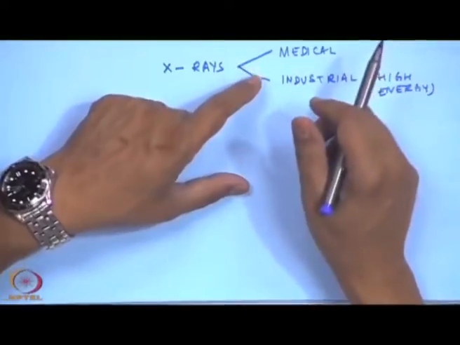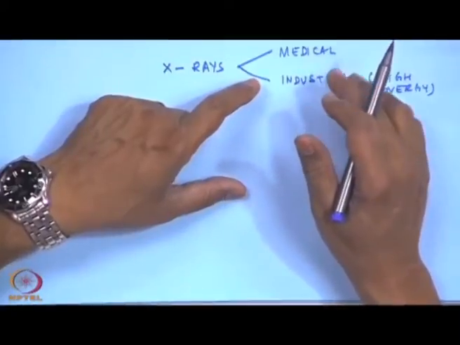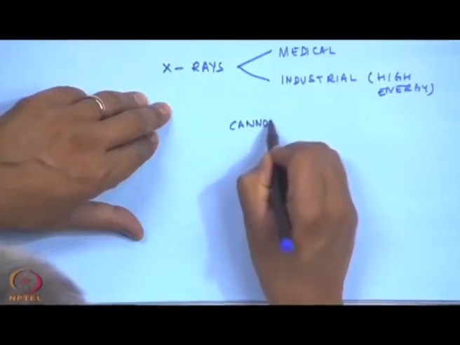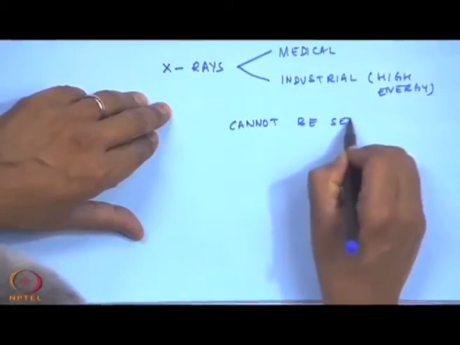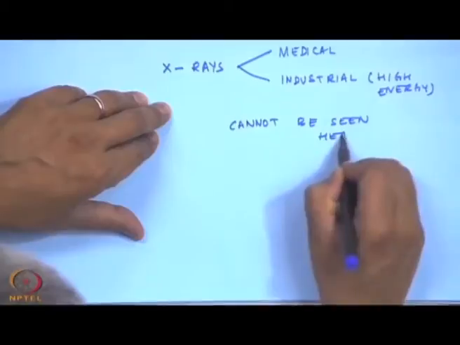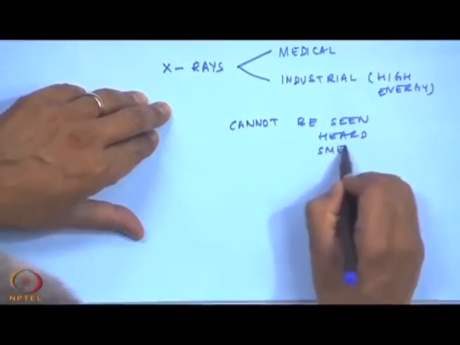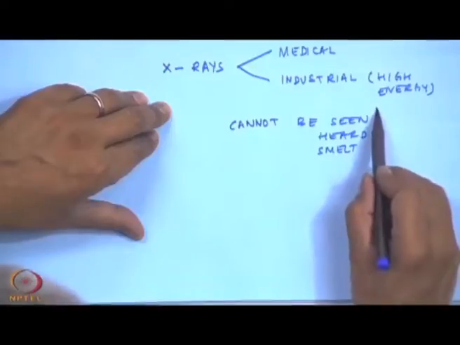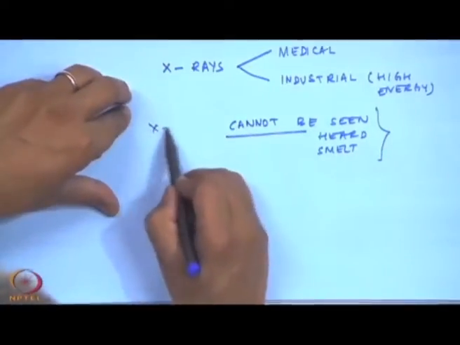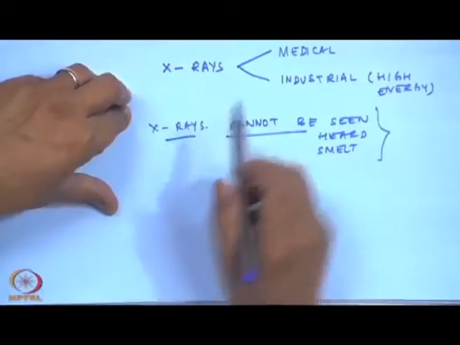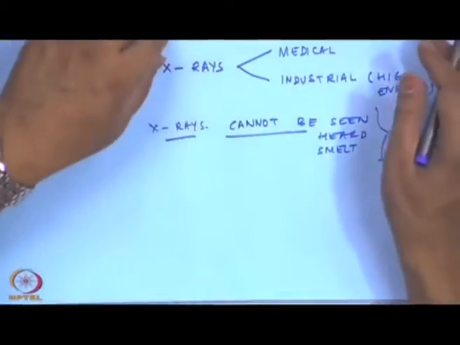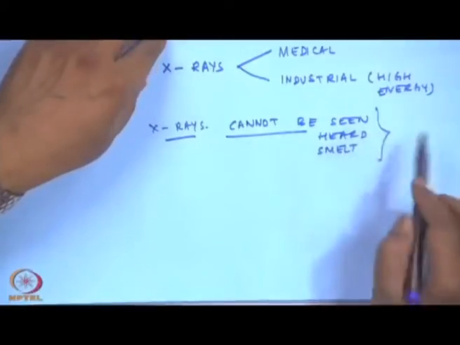Those of you who would have experienced medical X-rays, you would have seen how the operator takes care that he is not unknowingly exposed to X-rays, because another dangerous thing about X-rays is they cannot be seen, heard, smelt. Okay. So, this is very dangerous. It is not that a flash of light will go and then you have an X-ray. X-rays cannot be seen, heard, smelled.